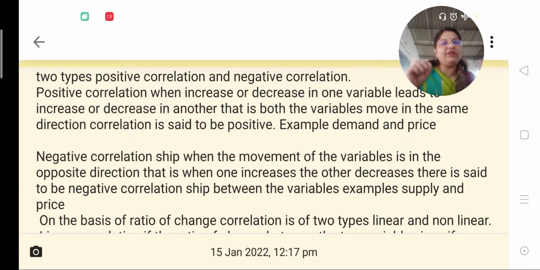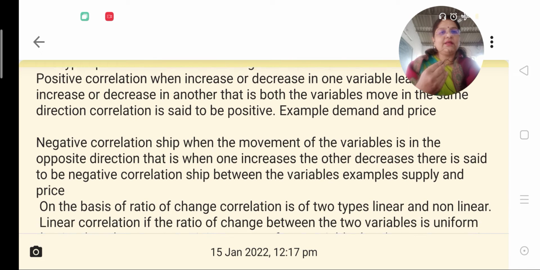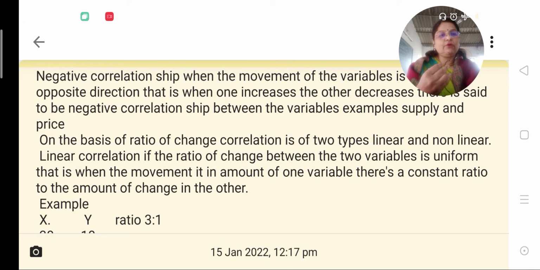When we talk of negative correlation, the movement is in the other direction, opposite directions. When one increases, the other decreases. When one decreases, the other increases. The movement is in opposite directions, and we will say that there is a negative correlation between the two variables. For example, supply and price.